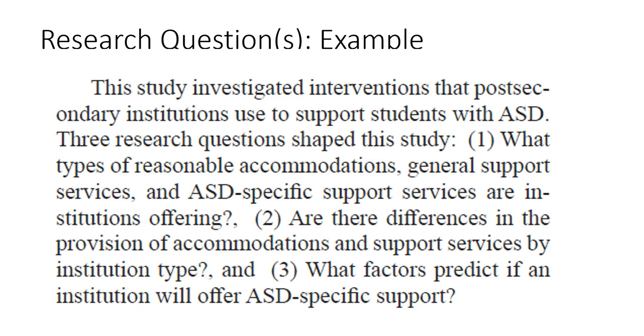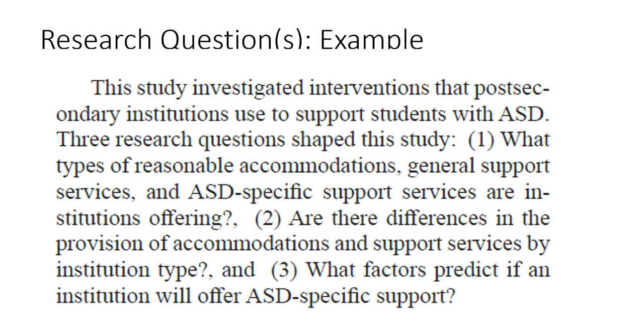And within that, 3 research questions or sub-questions shaped the study. First, what types of reasonable accommodations, general support services, and ASD-specific support services are institutions offering? Question 2, are there differences? Question 3, what factors predict? So again, this should sound very quantitative to you.